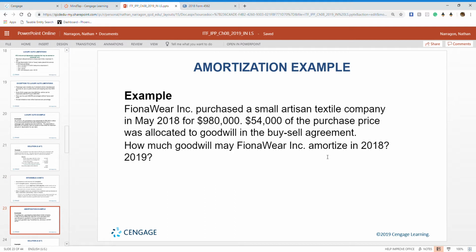So here we have Fonia Rare Inc. They purchased a small artisan textile company in May 2018 for $980,000. $54,000 of this purchase price was allocated to goodwill. So how do we amortize?